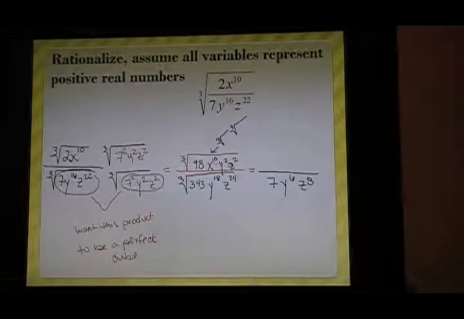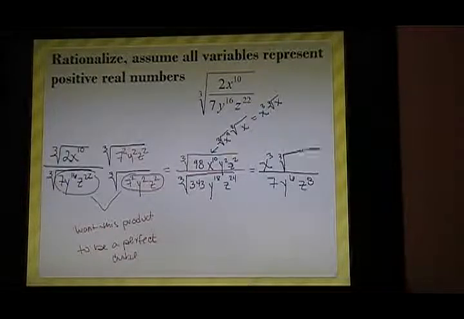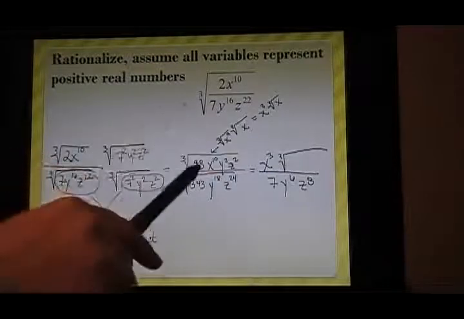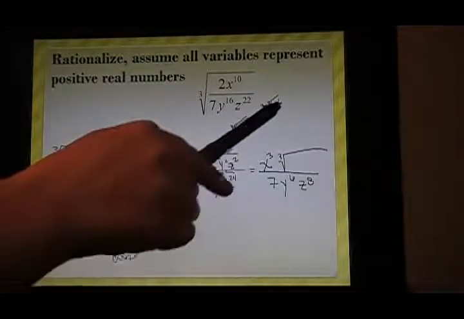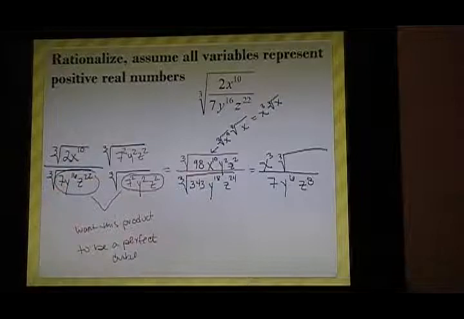The largest perfect cube that goes into the x to the 10th is x to the 9th. And so that would be x to the 3rd times the cube root of x. So doing my simplification, I have x to the 3rd times the cube root of 98, 1x, y squared, z squared.